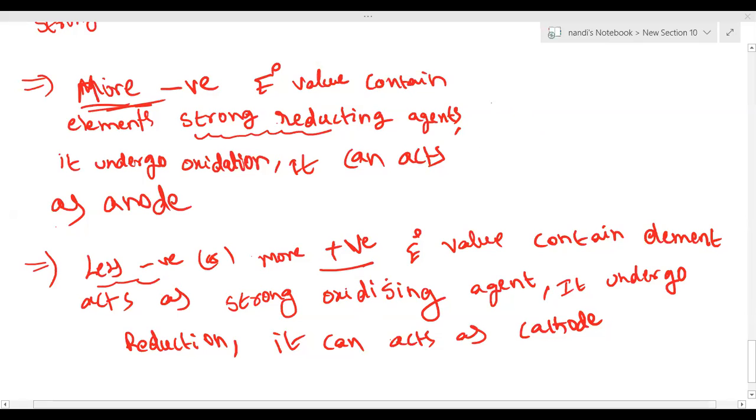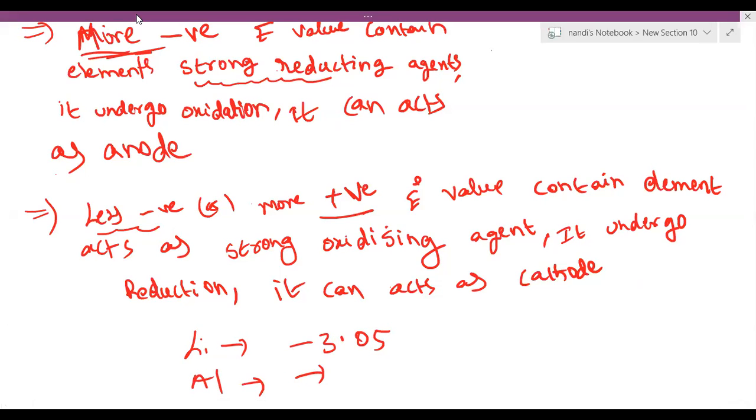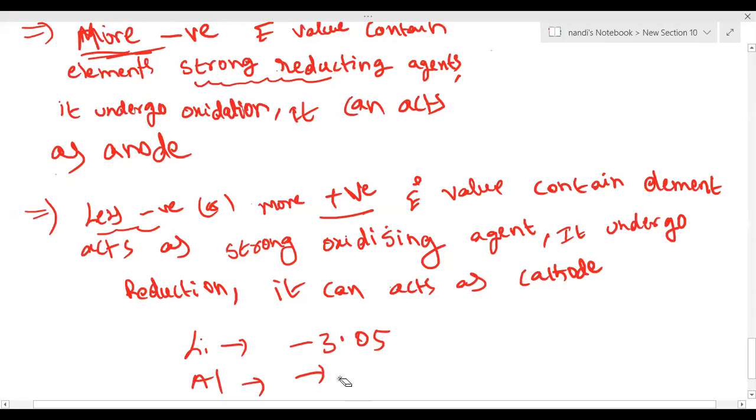Here lithium is there and aluminum is there. Which one has more negative value? Lithium and aluminum. Please check it. I'm writing here lithium, minus 3.05. Aluminum, minus 1.66.